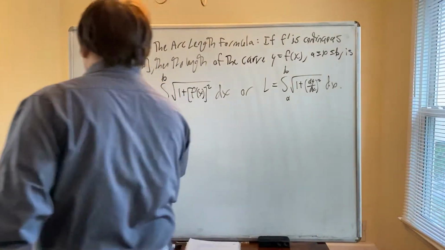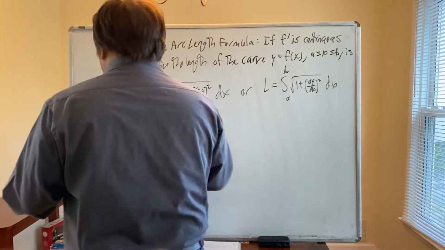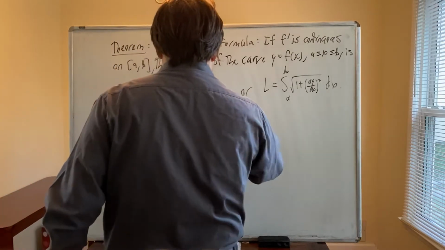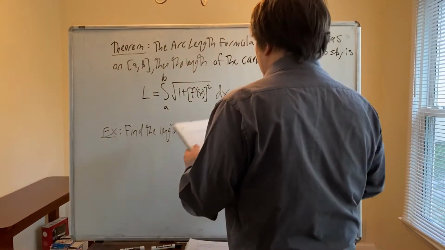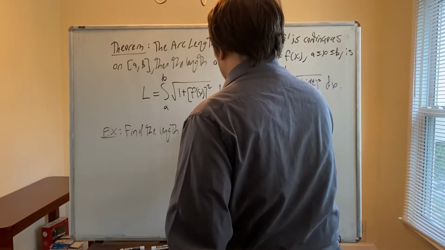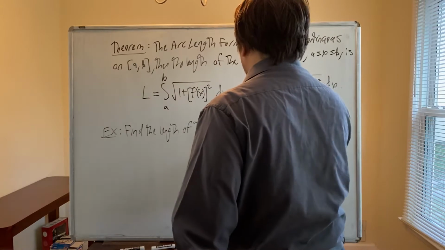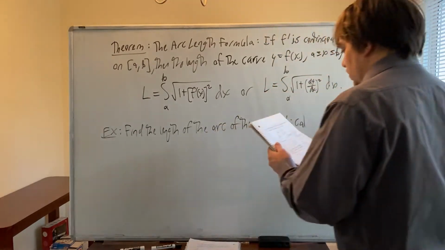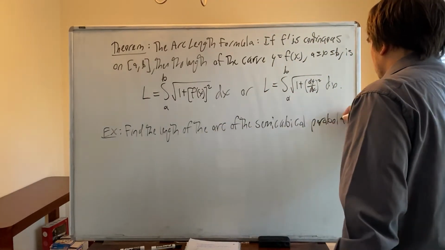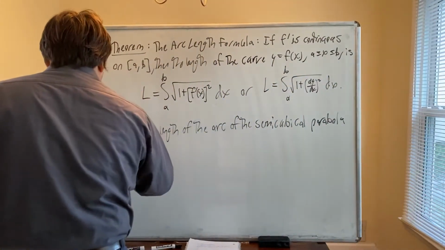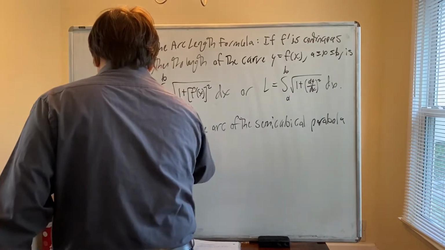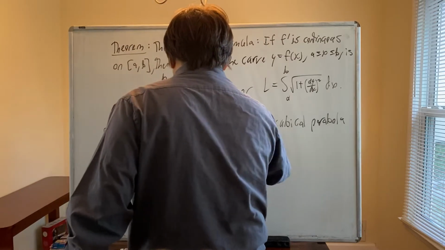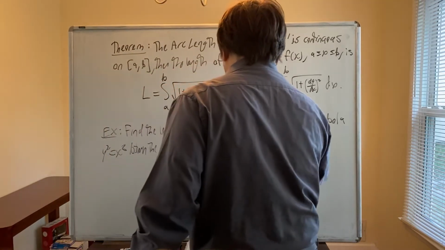Okay, and so now in this next example, we will use that theorem. Example: find the length of the arc of the semi-cubical parabola y squared equals x cubed between the points 1, 1 and 4, 8.